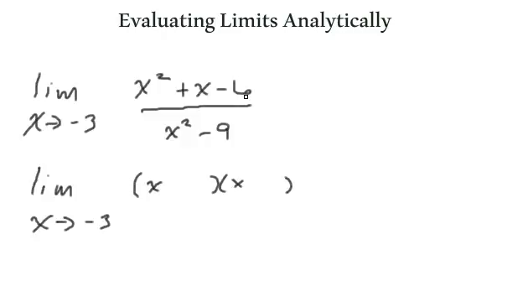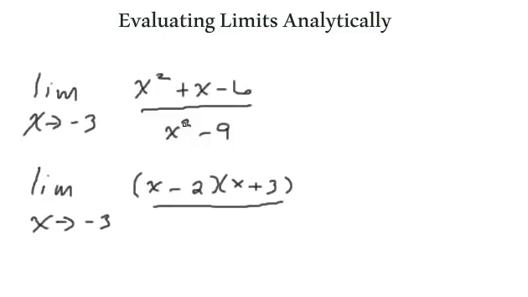Two numbers multiply together, it gives us -6, and then when we add them we get a +1. So how about we start with a 2 here and a 3 here. 2 times 3 is 6, but we need to get a negative here. So how about we say a -2 and a +3. I think that'll work out.